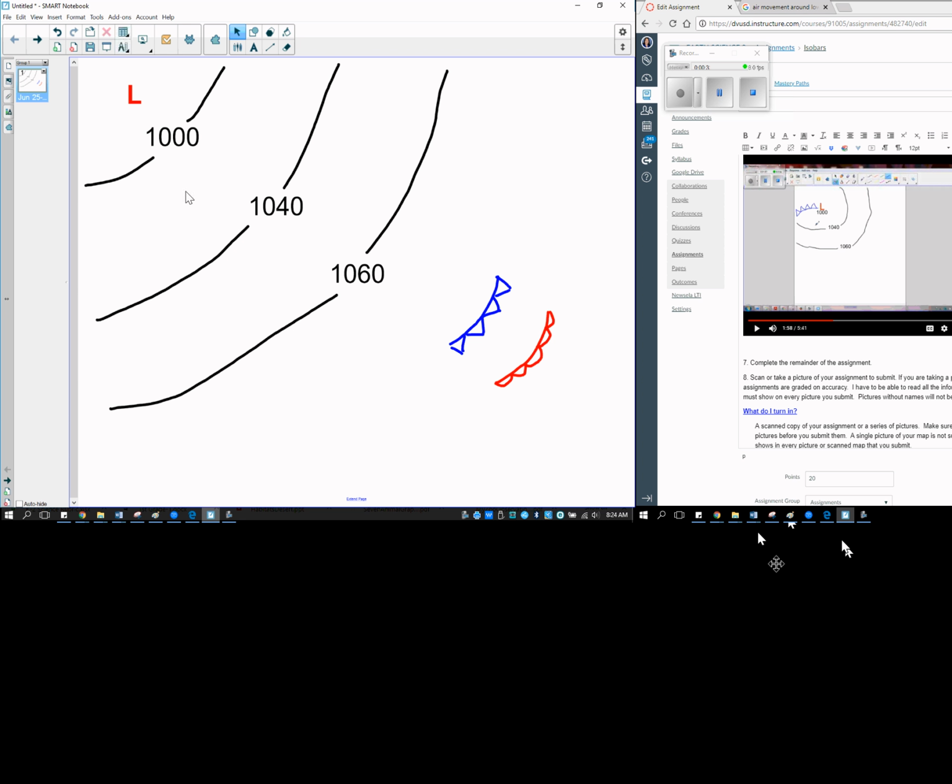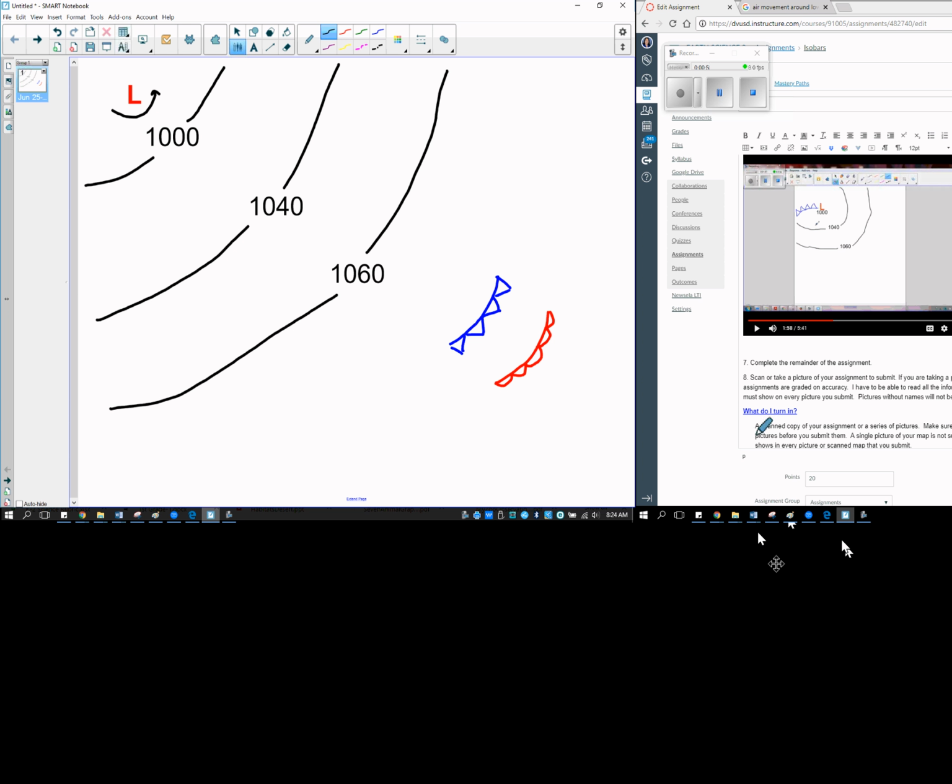Around an area of low pressure, our air is moving in a counterclockwise manner. So our air is moving this direction around our area of low pressure. And that tells us how the symbols on the front lines are going to be facing, because they'll face in the direction that the air is blowing.